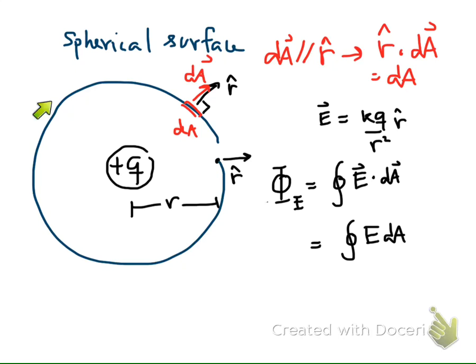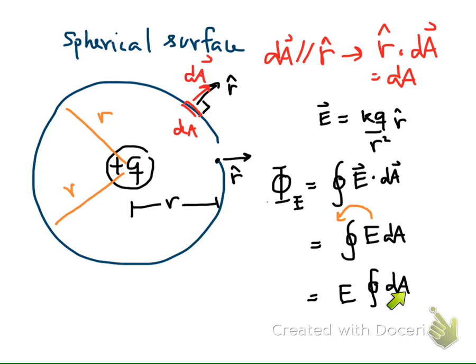But on the spherical surface, you can see that the distance r is a constant, right? Because r is a radius. So if r is a constant, it means that the magnitude of the electric field is a constant too. So we can put this E out of the integral, and we have E times the integral over the closed surface of dA.